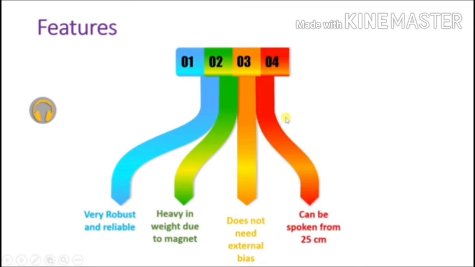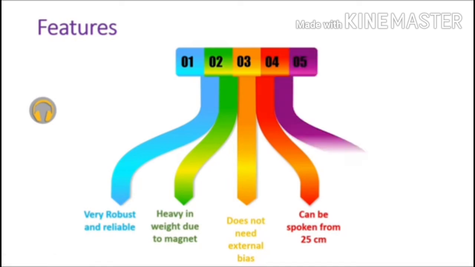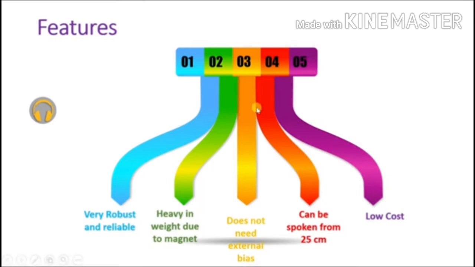We can speak at a distance of 25 centimeters when you use it. And the last feature is that it is a low cost microphone. So these are the basic features of the moving coil microphone.